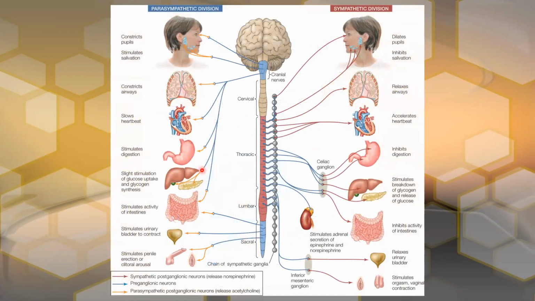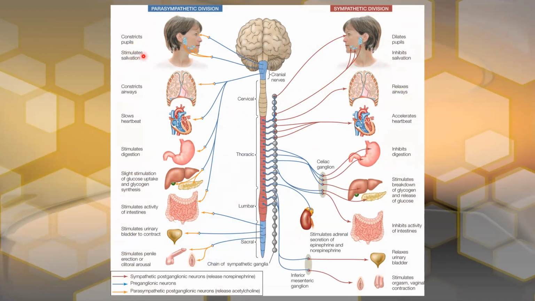Okay, these are all the responses when the parasympathetic or sympathetic system is activated. When parasympathetic, the pupils will constrict, salivation is stimulated, because remember, parasympathetic is involved in digestion.